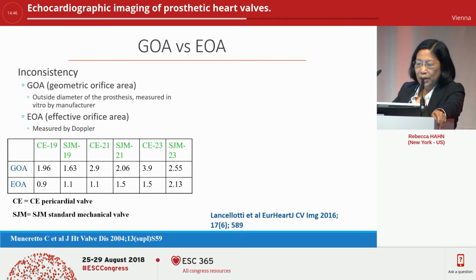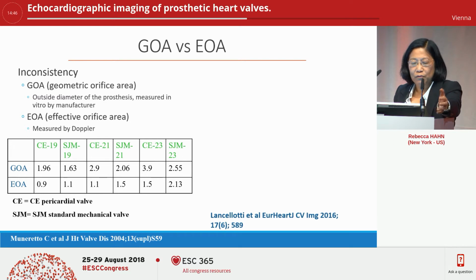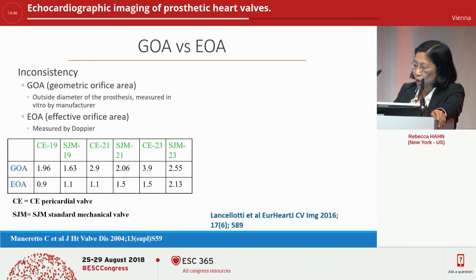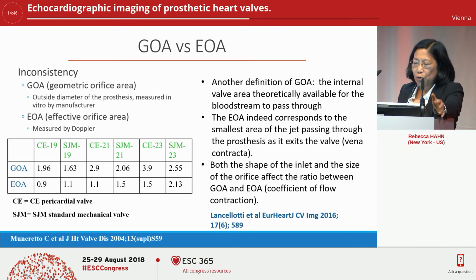Now, GOA versus EOA: there are two different terms. There's the geometric orifice area given to you by the industry, where they are measuring the outside of the prosthesis. And then there's the GOA as another definition in the guidelines: the internal valve area theoretically available for the bloodstream to pass through.